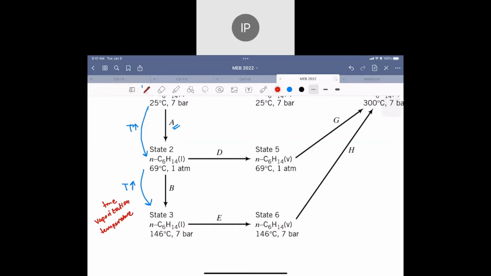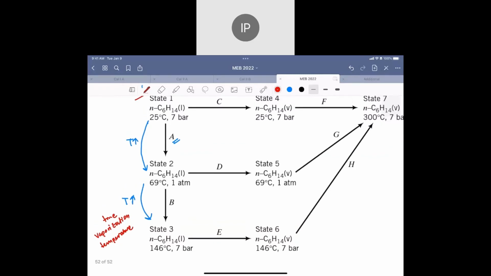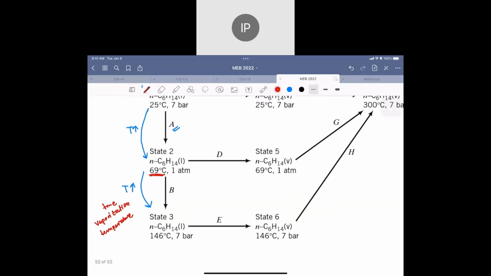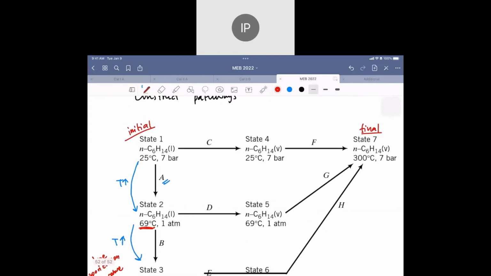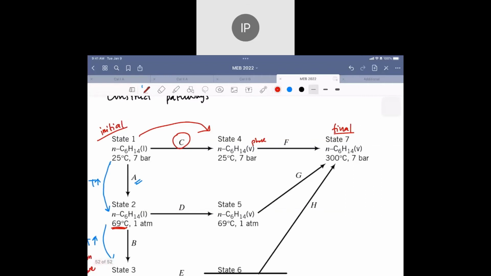But for table B1, they say that the normal boiling point is 69. So which path should we follow? Should we go through state 3 and then state 6, changing the phase, or go to this C, which is changing the phase directly, and then we get lastly the vapor?